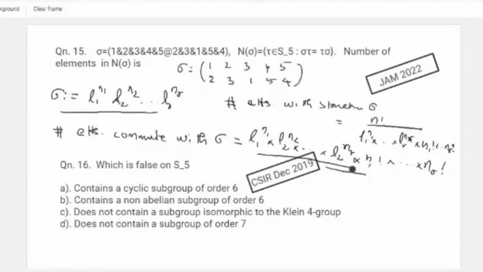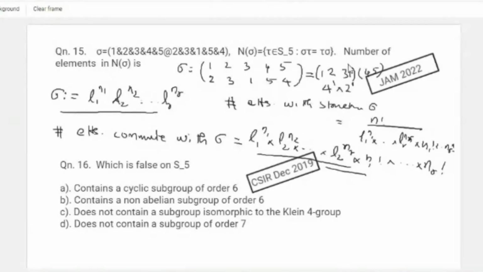Okay. So in this case, what is the structure of this permutation? 1 goes to 2, 2 goes to 3, and 3 goes to 1. Into 4 and 5 commute each other, interchange.